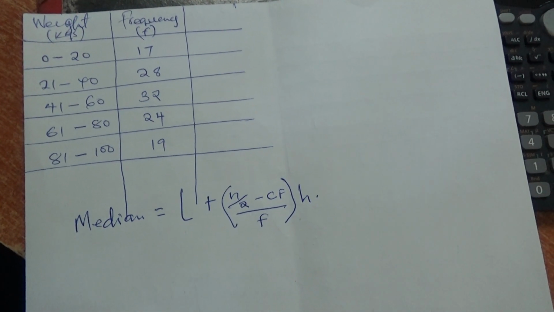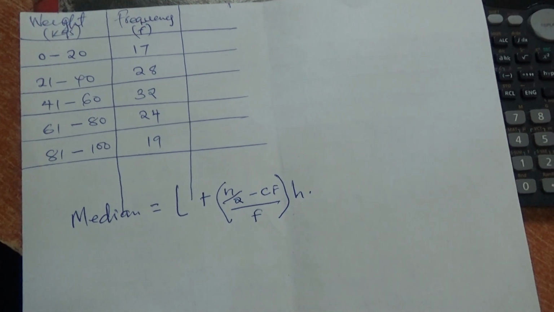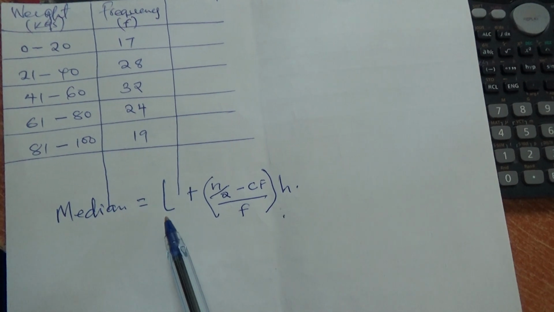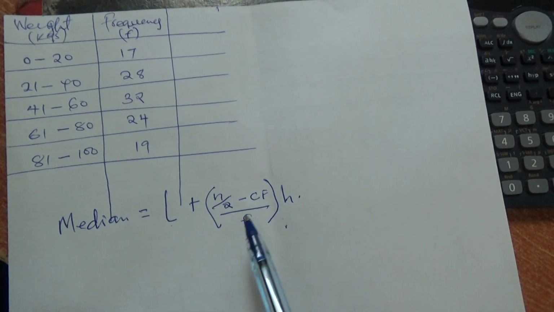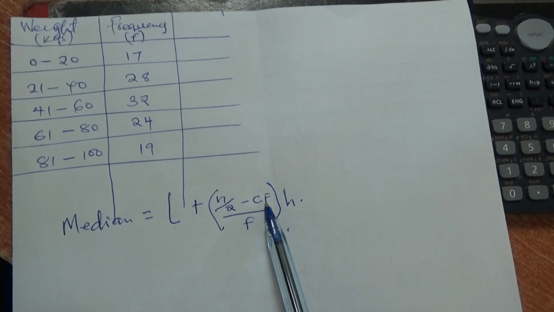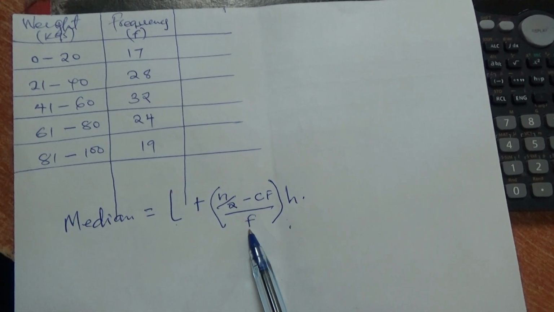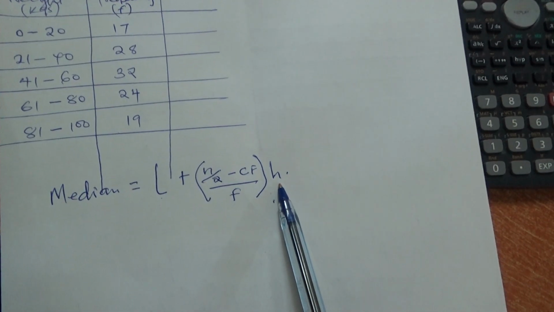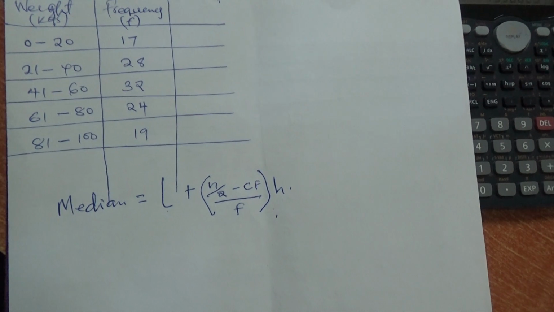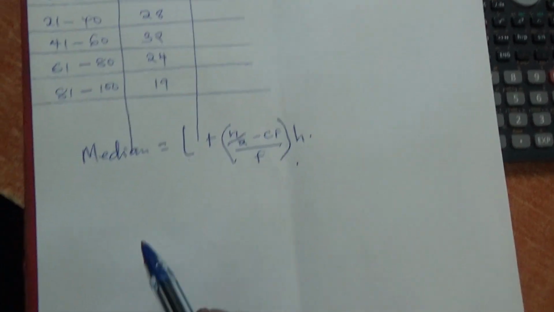Another thing you have to understand is that after knowing this formula, you also have to know what each letter represents: what does L represent, what does N represent, what does CF represent, what does F represent, what does H represent. So that is the next thing we are going to do.